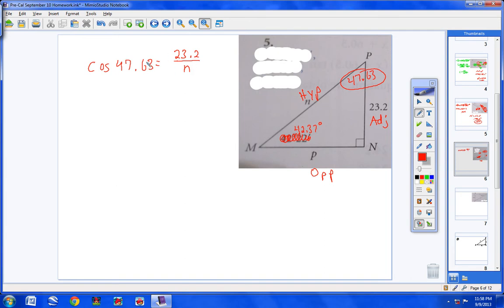Now, whenever I have an equation like this, I don't want this fraction, so I'm going to multiply this side by the bottom, which is n. But if I multiply one side by n, I must multiply the other side by n. So over here, these cancel, and I'm left with 23.2. And over here, I'm left with n cosine 47.63. And now divide both sides by cosine of 47.63.